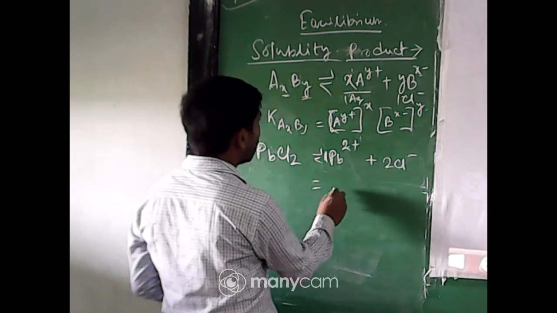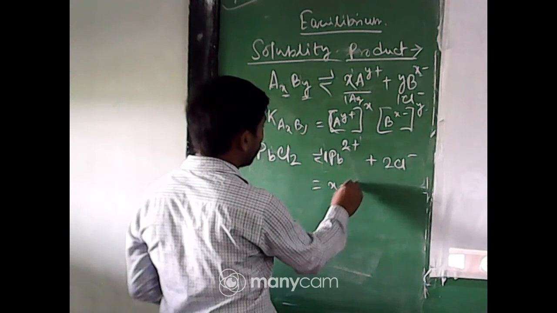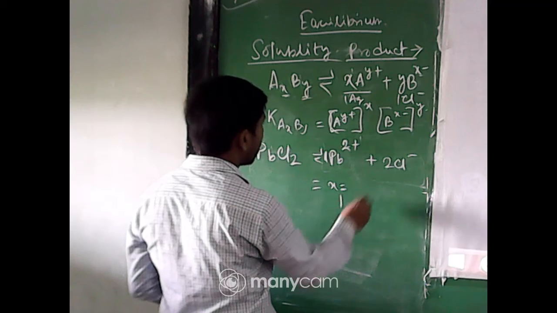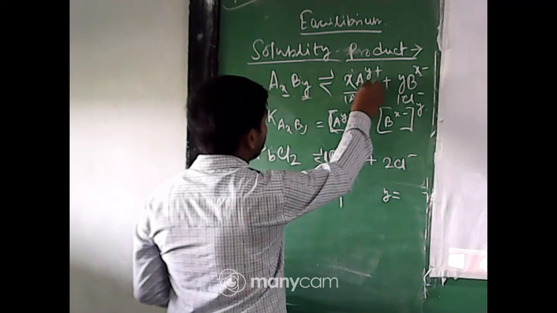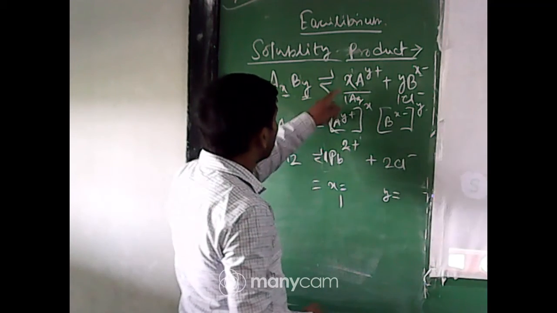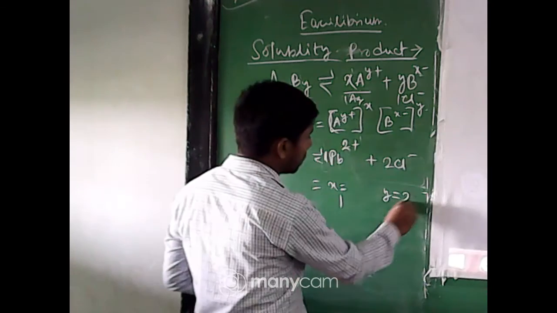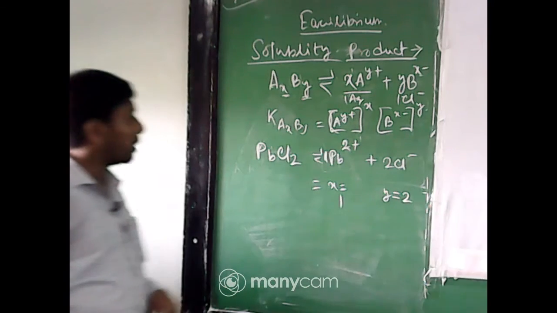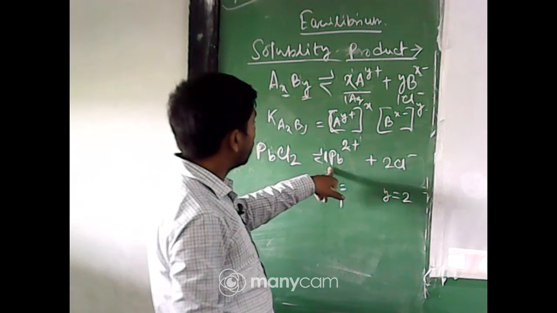So, here x equals 1 and y equals 2. x is the number of A, equal to 1, y is the number of B, that is 2, and the valency of Pb is plus 2.